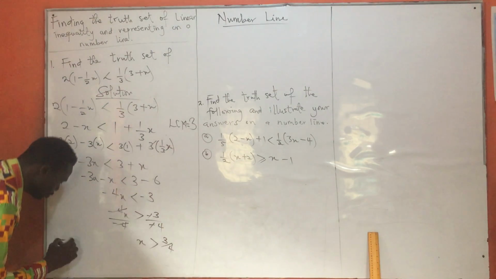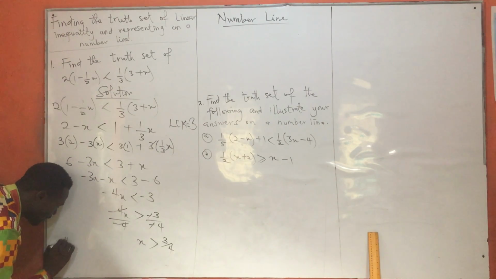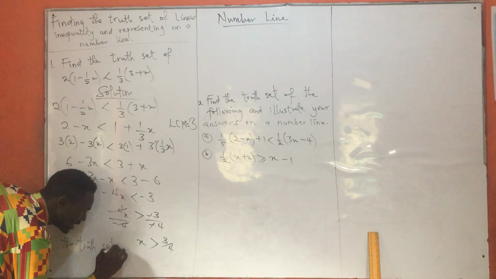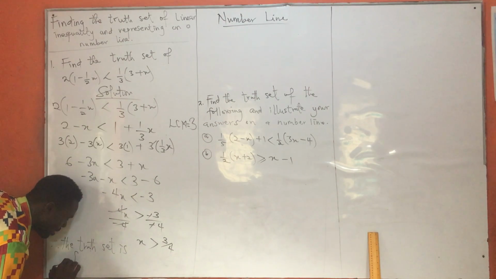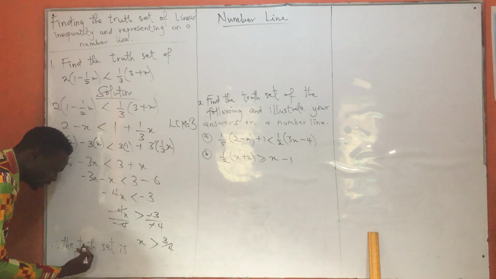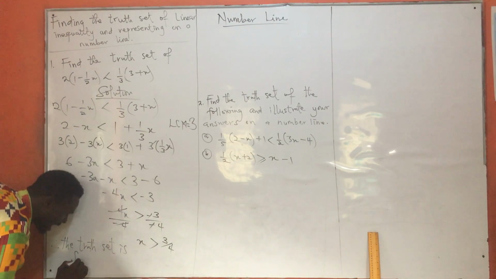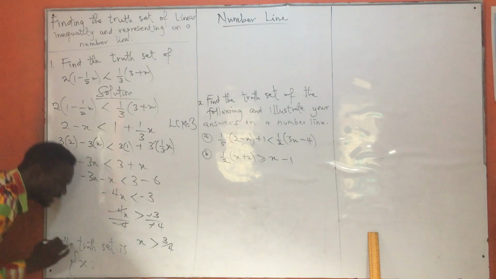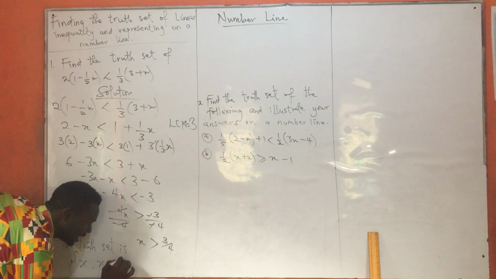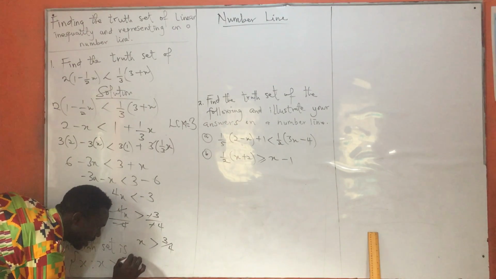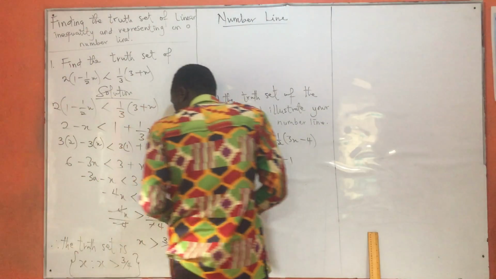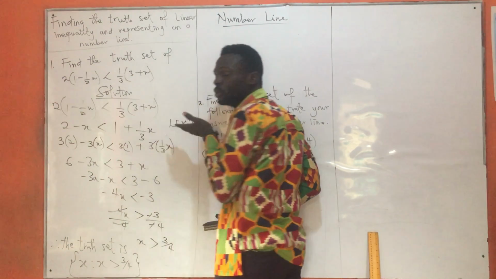So to state the truth set, we will say therefore the truth set is, remember, a set. So you open your curly bracket. So therefore the truth set is x such that, then you just state your answer again. x is greater than 3 over 4. Then you close your set. So this becomes the truth set of the solution.